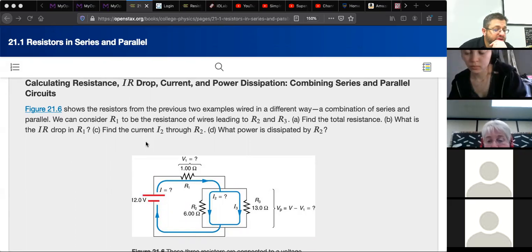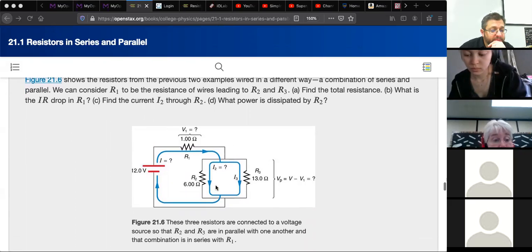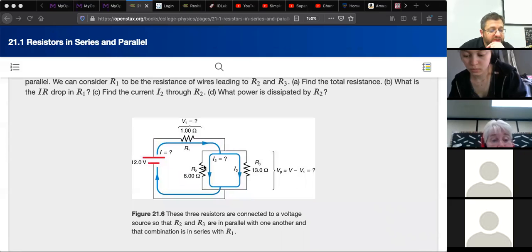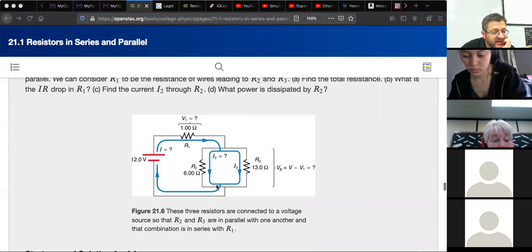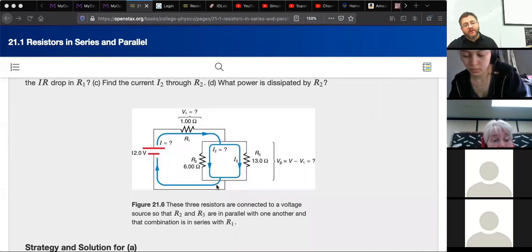And then the current through R2, which we'll call I2, and they want us to calculate. And they want to find out how much power is dissipated in R2. So we're going to do all this by simplifying the circuit and then backpedaling through the circuit again.